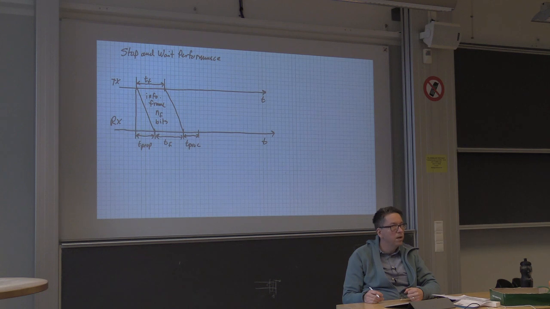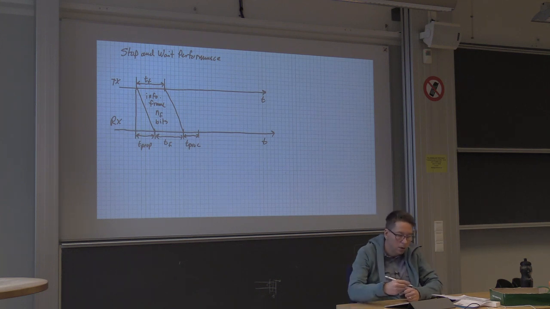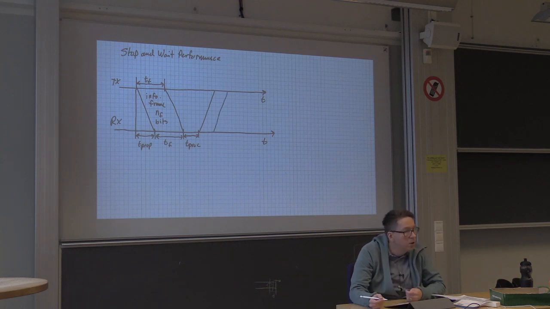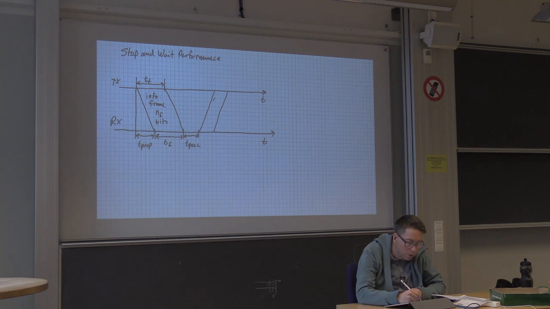The next step is then to transmit an acknowledgement back to the transmitter. So the first bit of the acknowledgement leaves the receiver at this point in time, and the last bit leaves here. So this is the transmission of the acknowledgement.